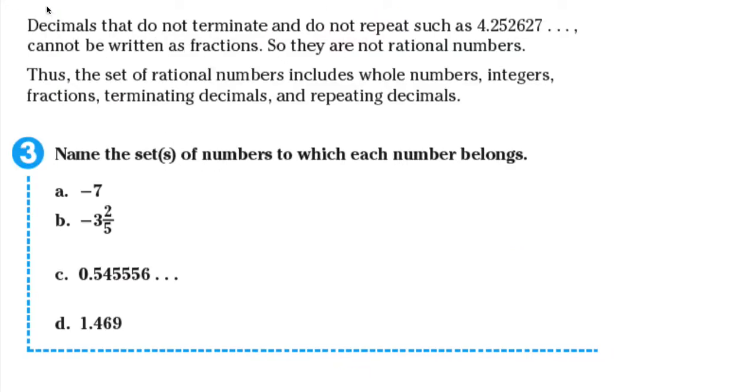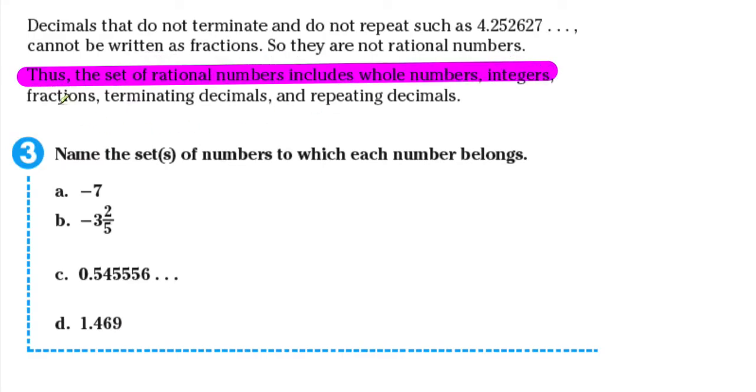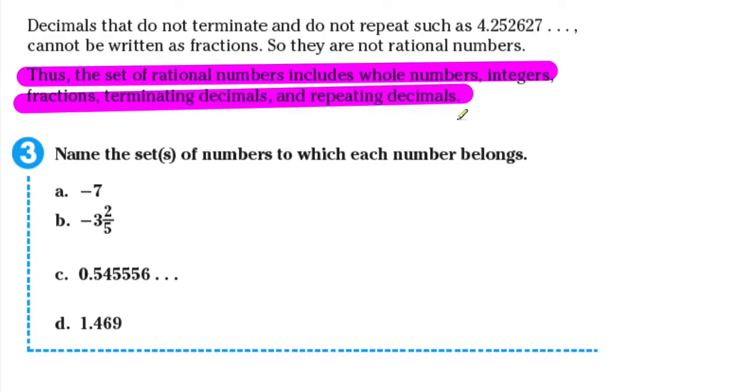The next one: decimals that do not terminate and do not repeat, such as 4.252627..., cannot be written as fractions, so they are not considered to be rational numbers. Thus, the set of rational numbers includes whole numbers, integers, fractions, terminating decimals, and repeating decimals.